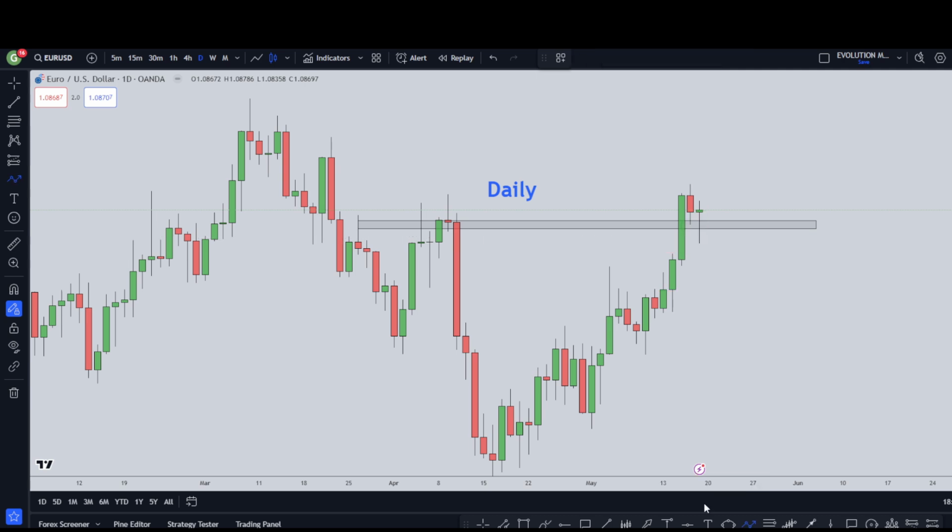So these two confluences give reason for our bullish sentiments concerning price continuing to the upside.